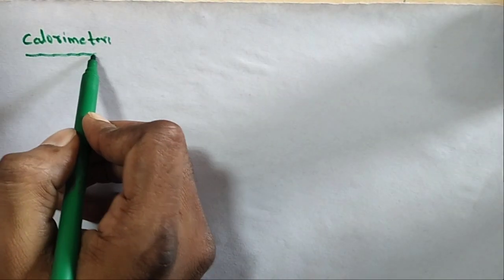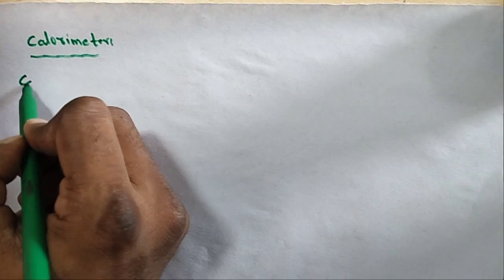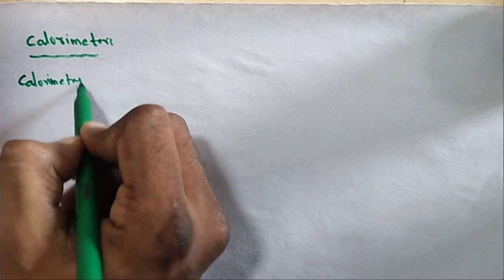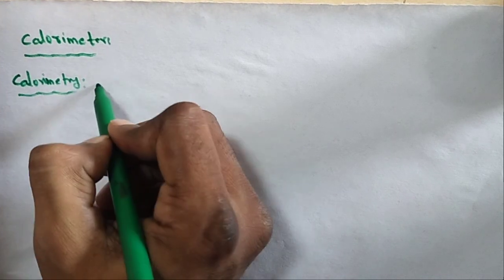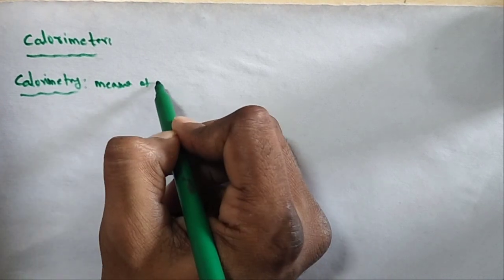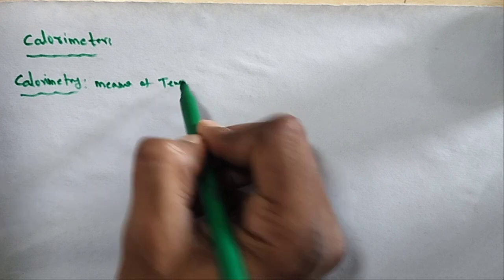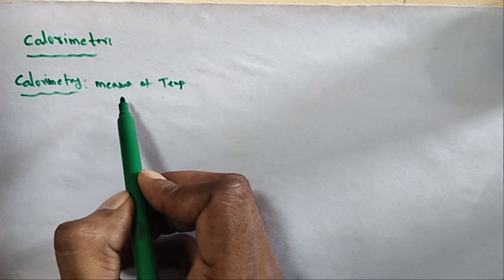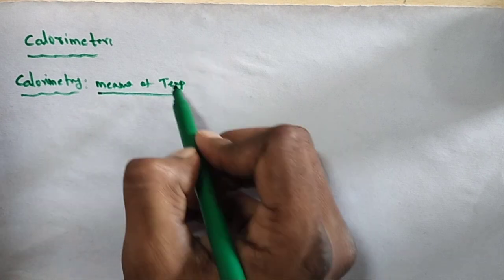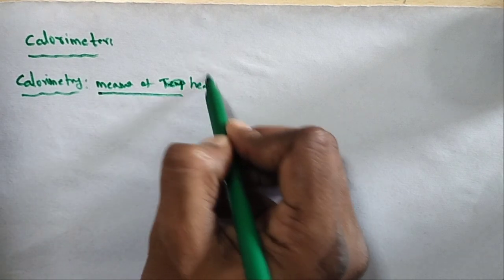Next, calorimeter or calorimetry. What is the meaning? Calorimetry is a branch of science which deals with the measurement of heat.